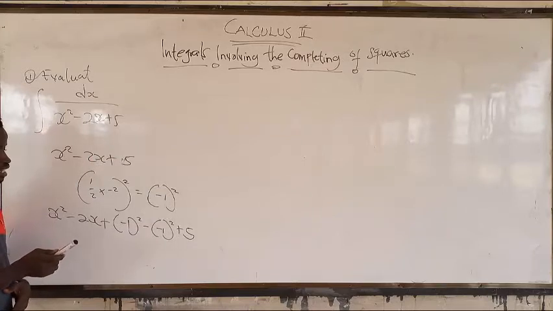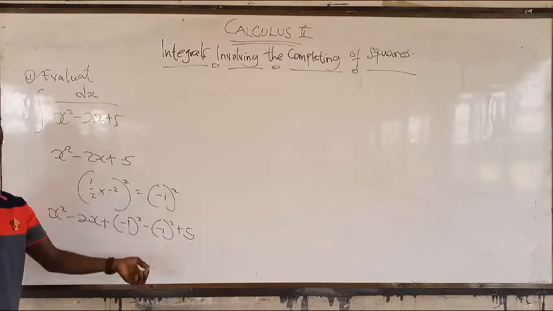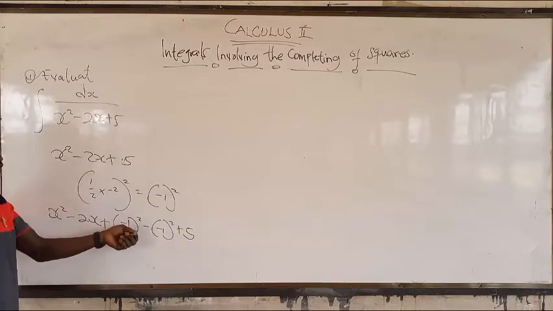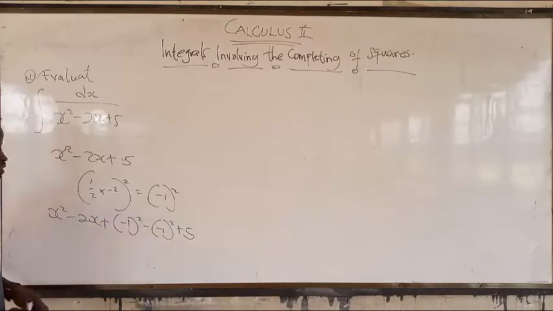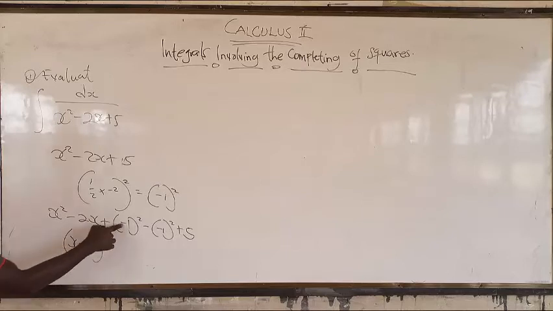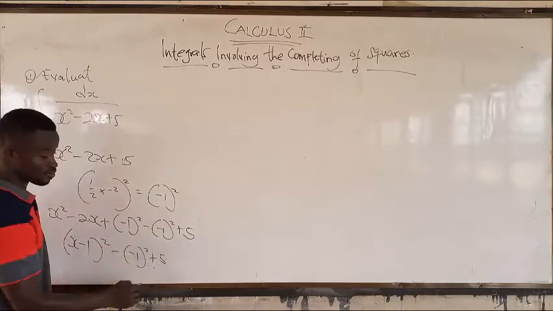I hope you can see that. Very good. So you add, then you subtract. Take note, we don't subtract and add. We add and subtract. And with this, you're going to get x minus 1, that's the one here, all squared, minus negative 1 squared plus 5.